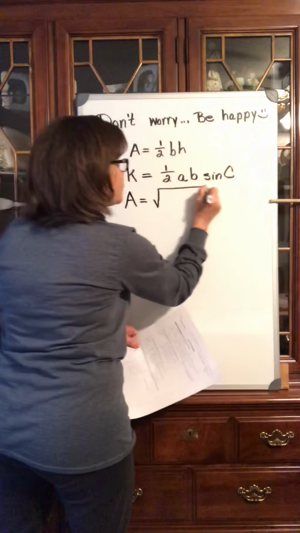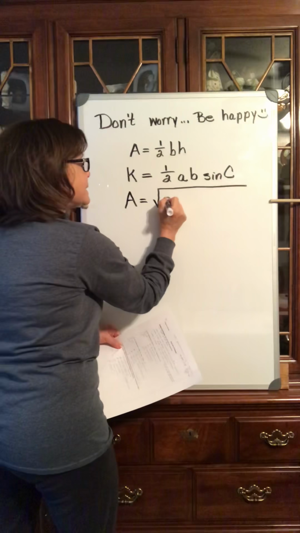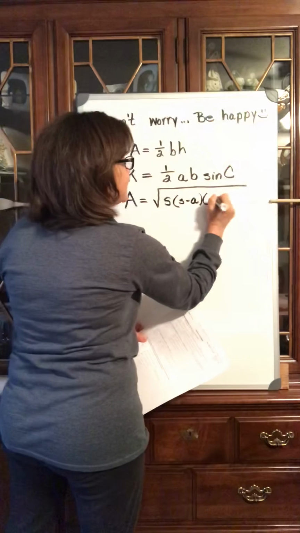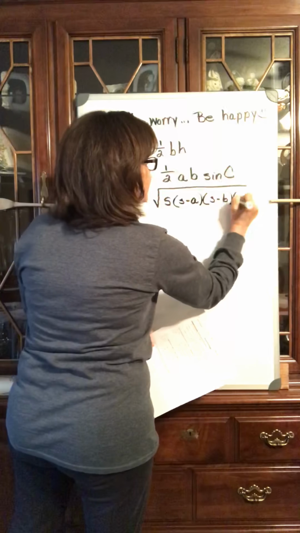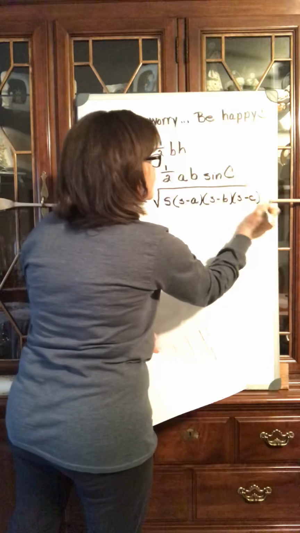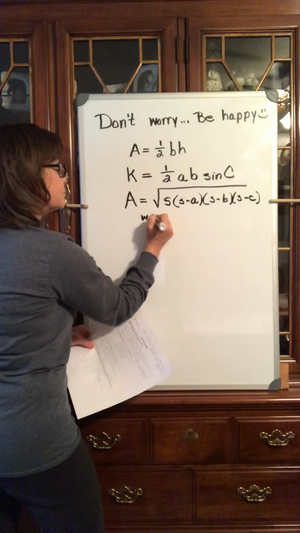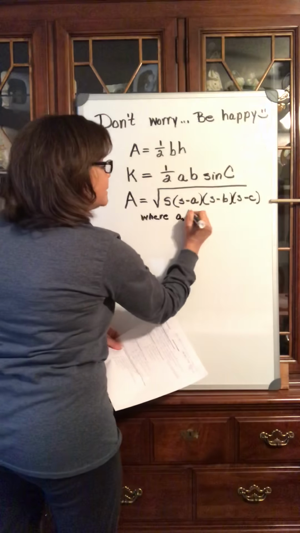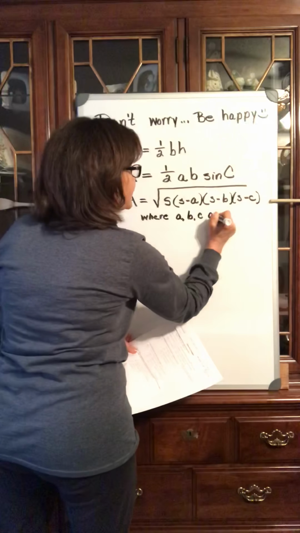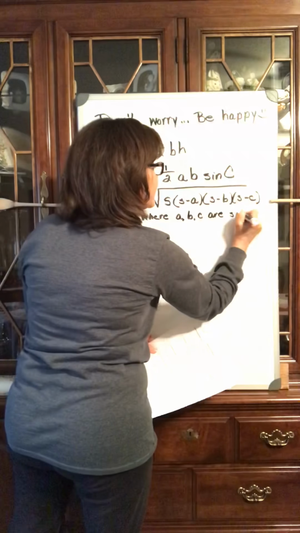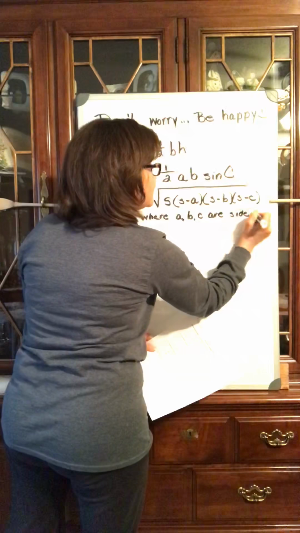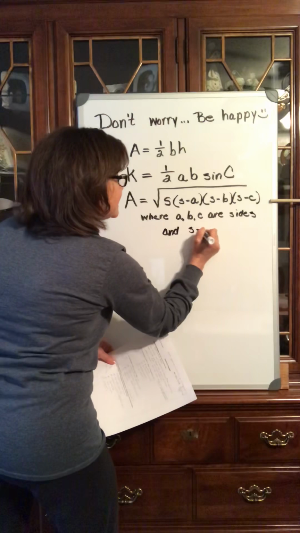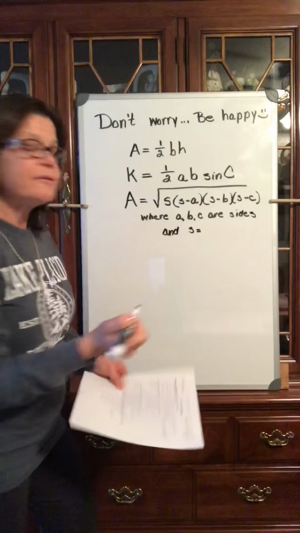A is equal to the square root of S times S minus A times S minus B times S minus C, where A, B, and C are the sides of your triangle, and S is called the semi-perimeter, or half of the perimeter.